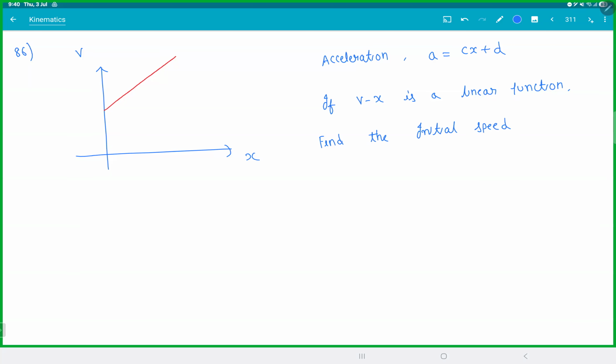Initial speed is velocity at x is equal to 0. This much data you have. This is the Vx graph, which is a linear function, and acceleration is also a linear function. Then find the initial speed.